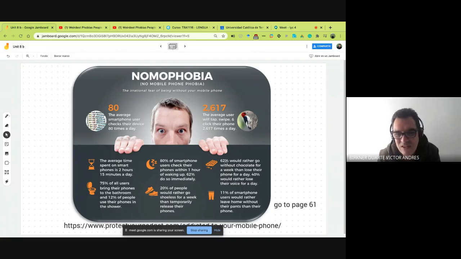And then we have 62% would rather go without chocolate for a week than lose their phone for a day. And 40% would rather lose their voice for a day. And finally, this is funny, 11% of smartphone users would rather leave home without their pants rather than their phone. I don't know whether I would go so far, but it is interesting to know the numbers, right?